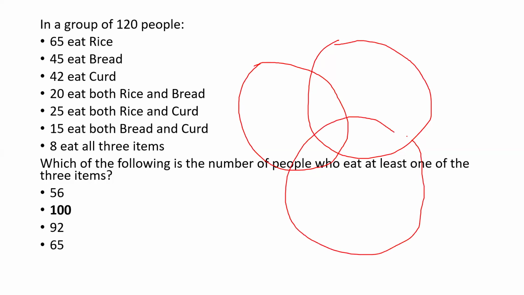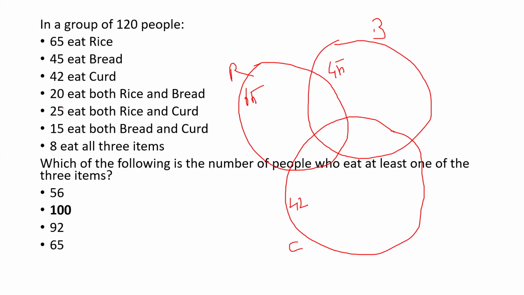Everything I have given in the next slides, but anyway I'll show you. First, this is rice, this is bread, and this is curd. So first one is 65, this is 45, this is 42. Now this is 20, both rice and bread.